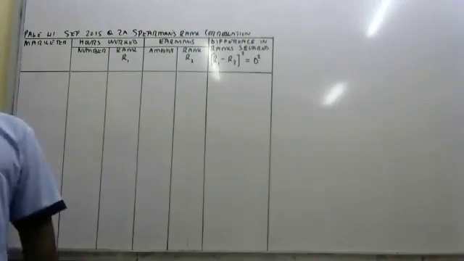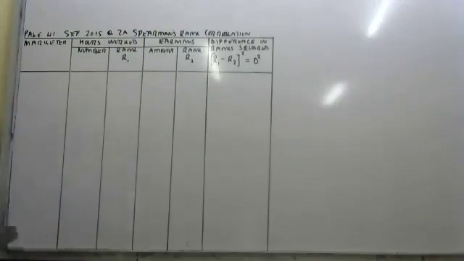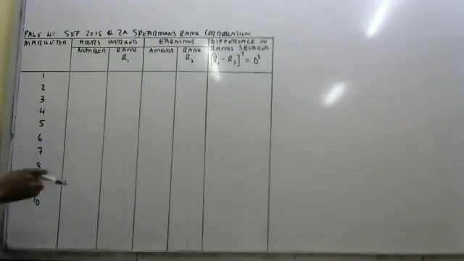So once you have done that, you now bring them here. The marketer 1, 2, 3, 4, 5, 6, 7, 8, 9, 10. Then you bring the hours.